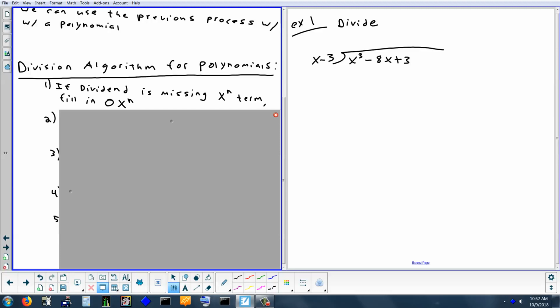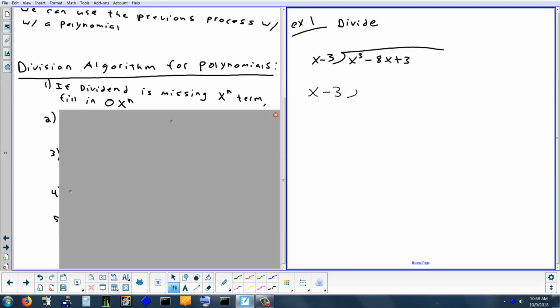Yep, I'm missing the squared term, the exponent of 2. So I'm going to fill in 0x squared. So I'm going to put x minus 3, and I'm going to rewrite it just filling in the term I'm missing. So I got 1x cubed, 0x squared, minus 8x plus 3. Okay, so that's step 1. Fill in anything you're missing.